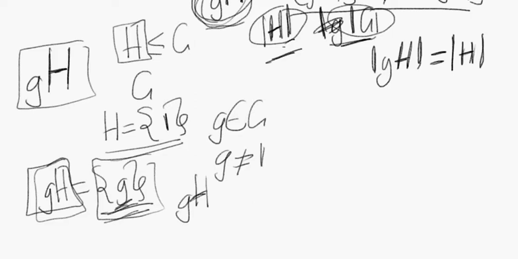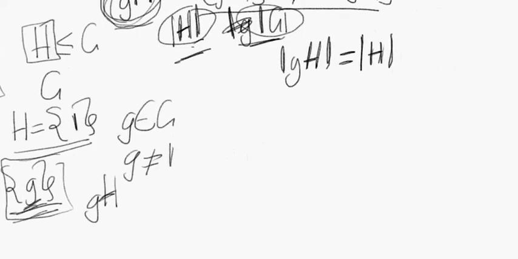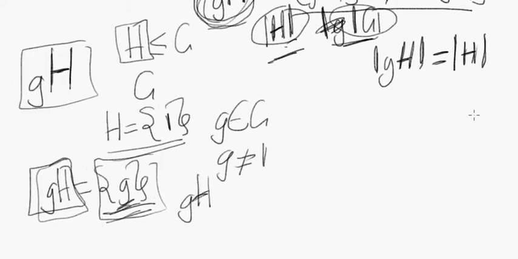But this still triggered our curiosity, and we were pushed to ask the question: in general, the left coset gH is not necessarily a group, but under what conditions is gH a group?